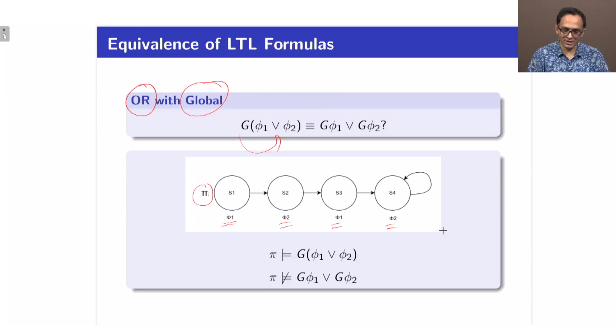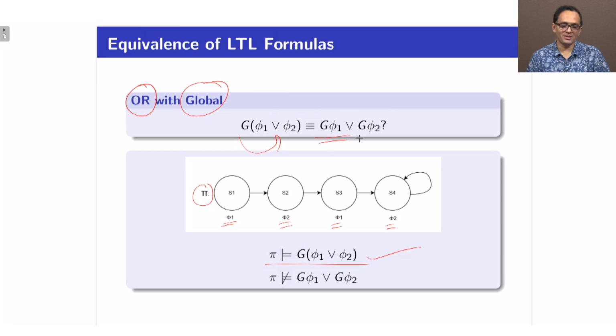In my case, in every state either phi 1 is holding or phi 2 is holding. So I can say that this path pi satisfies globally phi 1 or phi 2, because globally phi 1 or phi 2 means in every state phi 1 or phi 2 should hold. That means either phi 1 holds or phi 2 holds, or maybe both also hold.